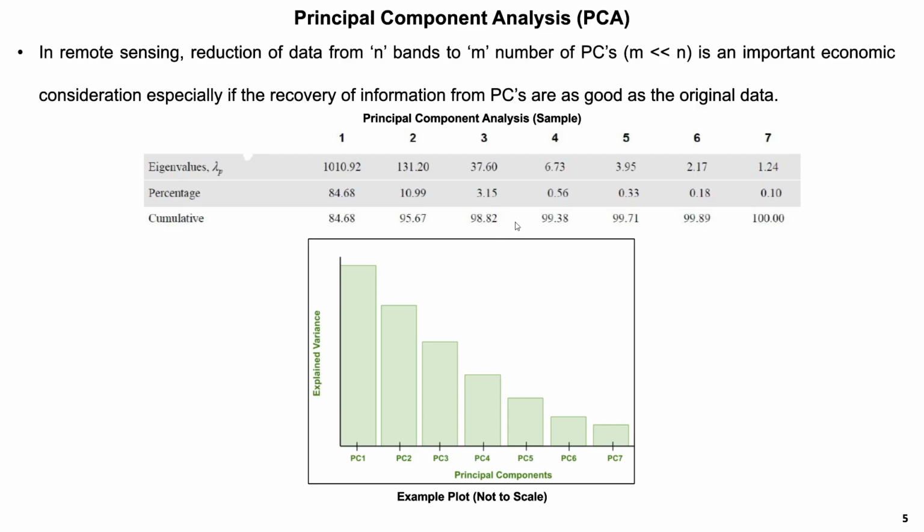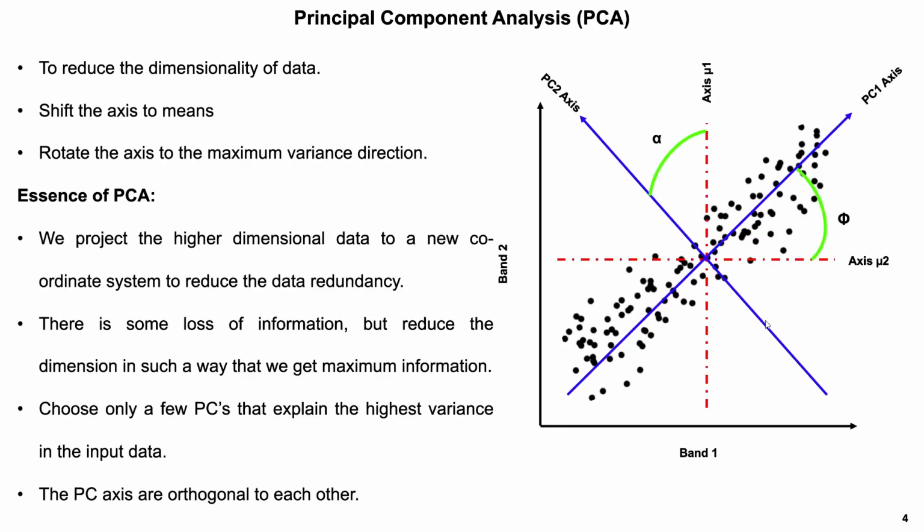So anybody has any doubt until this point? Yeah. So the previous slide, in the PCA, of course, we are reducing the data and then shifting the axis to the virtual location and then rotating, right?